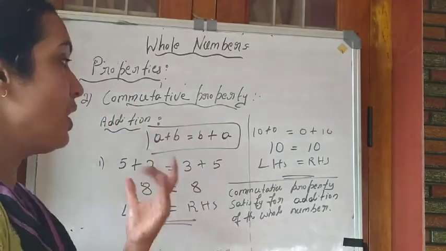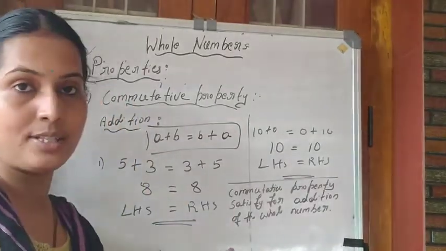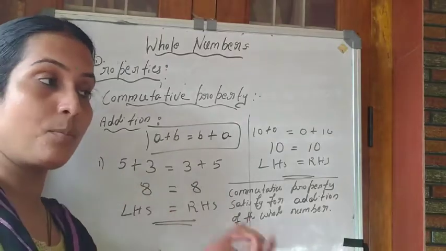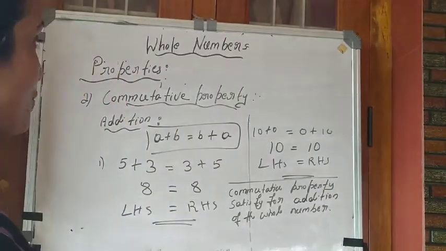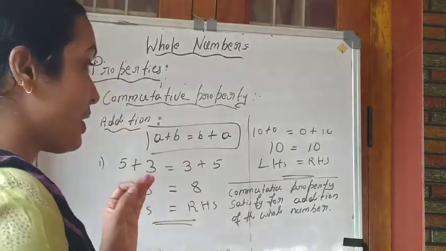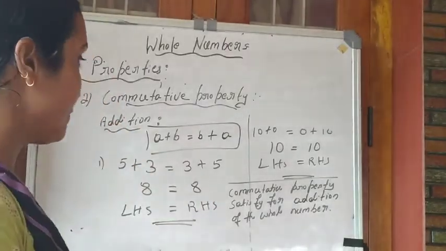In addition, we get LHS equal to RHS. We get the same answer on both sides. Okay, so next we can check subtraction.